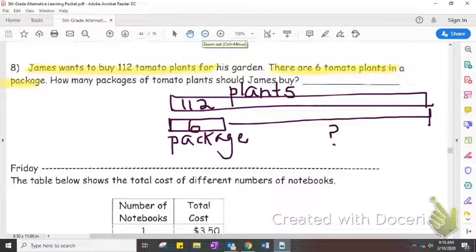They want to know how many packages. So we could either multiply 6 times a number and find when we get to 112, or we could do 112 divided by 6. If we multiply, we'd have to do some guessing. Let's divide.